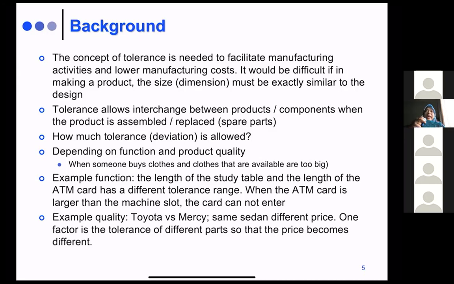That made it not enjoyable at all to build. So I can understand that different price or different quality results in different quality. Okay, and of course that is based on the tolerance.